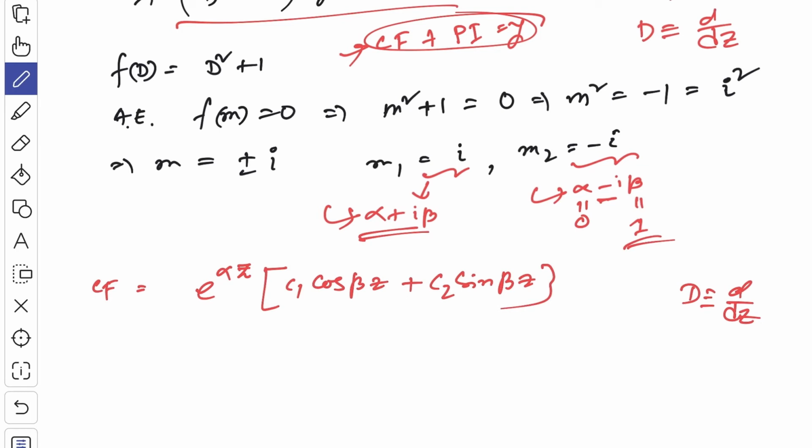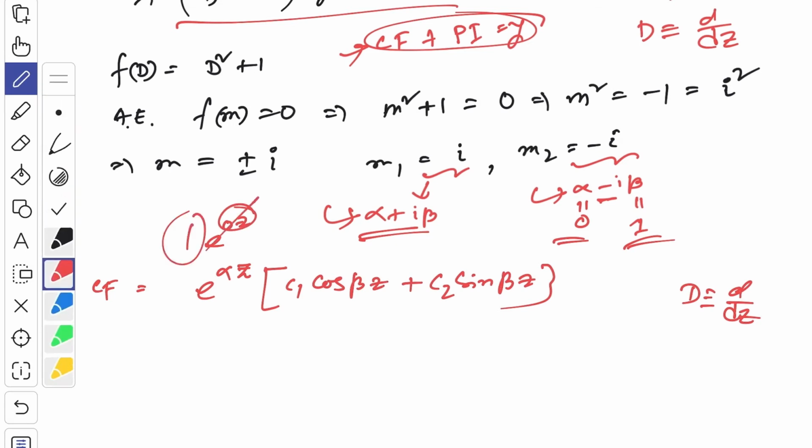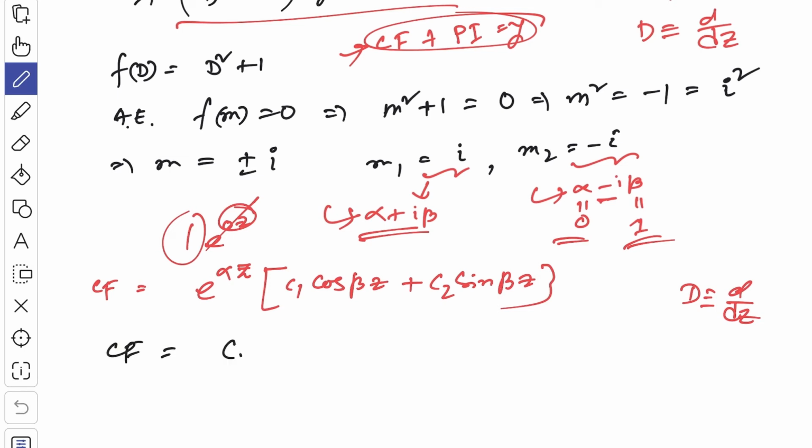Here you see beta is 1 and alpha is 0, and e to the power alpha z is e to the power 0 into z, that's going to be again 0. Anything to the power 0 is nothing but 1. So our CF will be equal to c1 cos z, since beta is 1, and c2 sin z. Now z is nothing but log of 1 plus x.